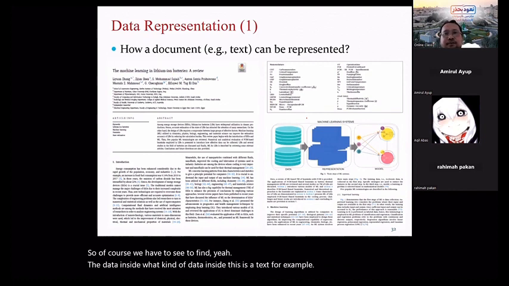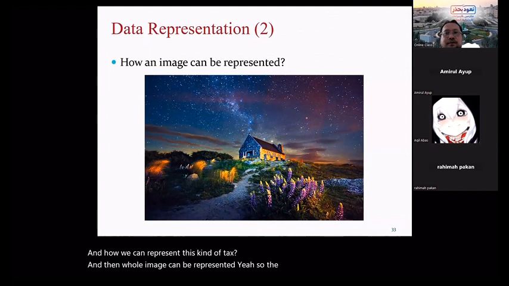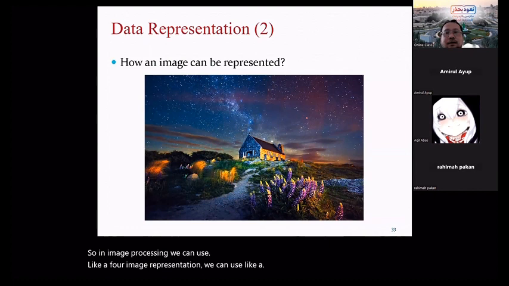So how can we represent this kind of text, and then how can an image be represented? The data from the image. In image processing, for image representation we can use a matrix, or matrices.